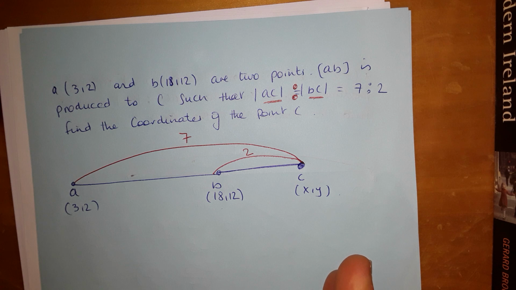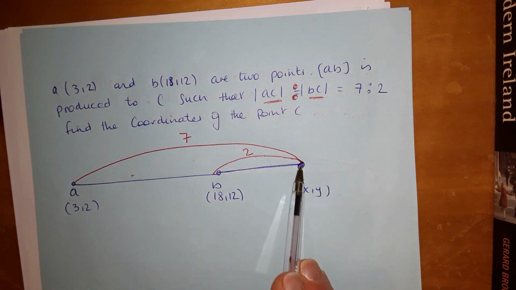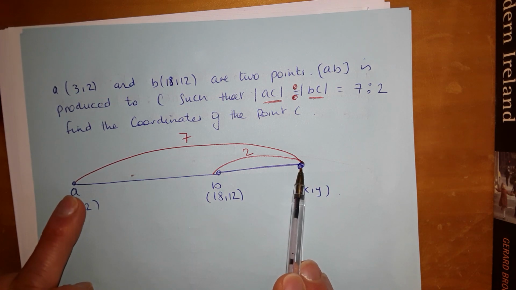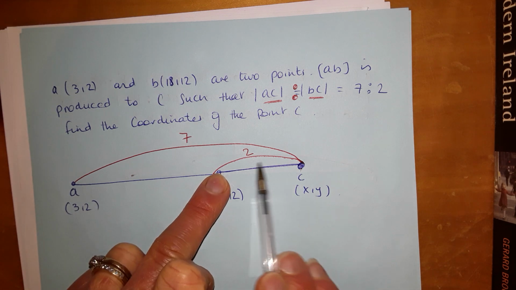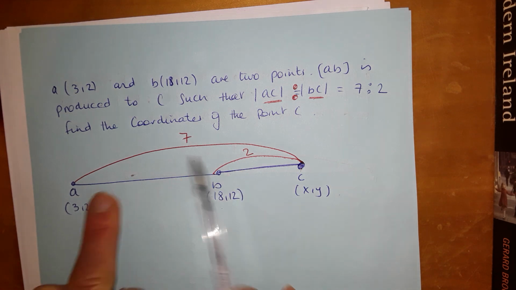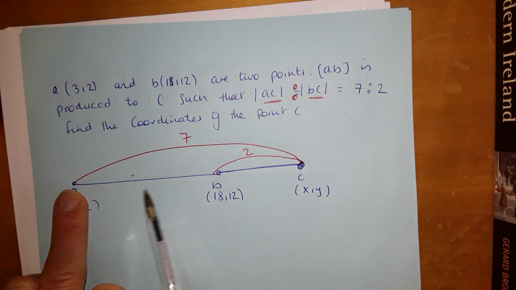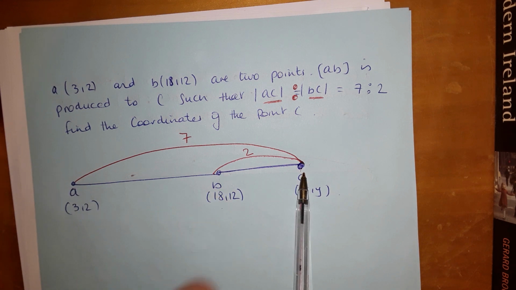So from the diagram, even though you're not told it in the question, you can see this is an external division one, not internal, because AC is all the way, is 7, BC is 2. So it's split entirely in 7, 5 from A to B, 2 from B to C.